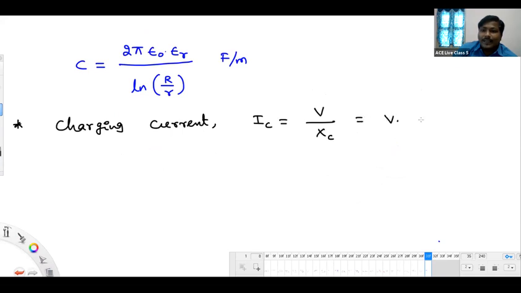So it will come like V into 2 pi F into capacitance, similar to the overhead line. V is the operating voltage applied to the conductor.